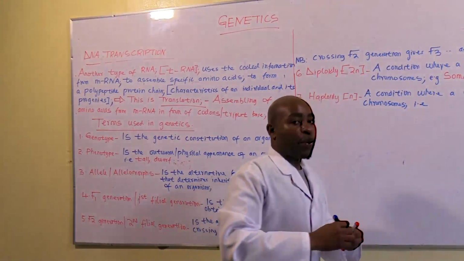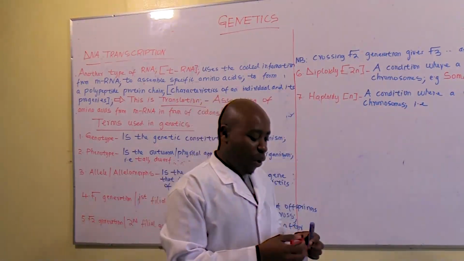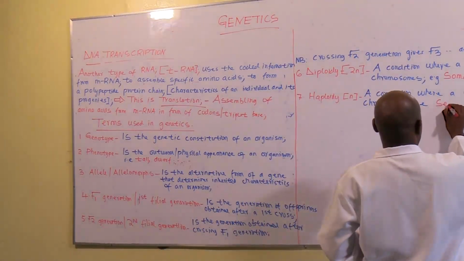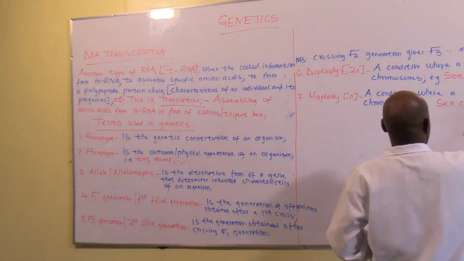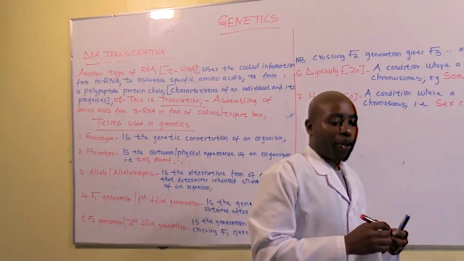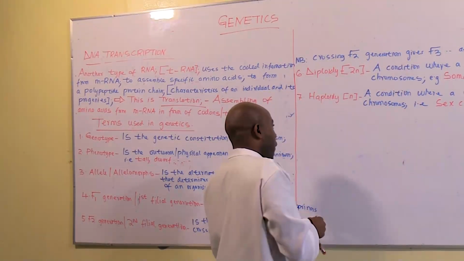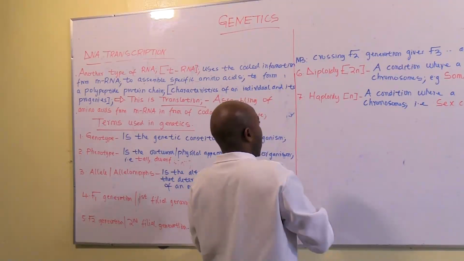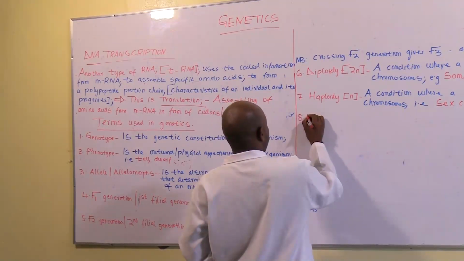I.e., here we do have the gametes. So all gametes, or the reproductive cells, or the sex cells, have haploid number of chromosomes. Then in case we have more than the required number of chromosomes, then we shall be having what we call polyploidy.